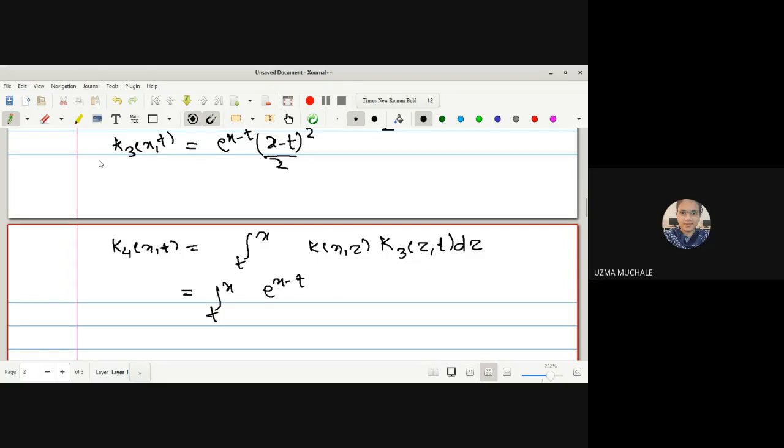Wherever you have x in K3, you have to put z: e raised to z minus t, z minus t square divided by 2, dz.